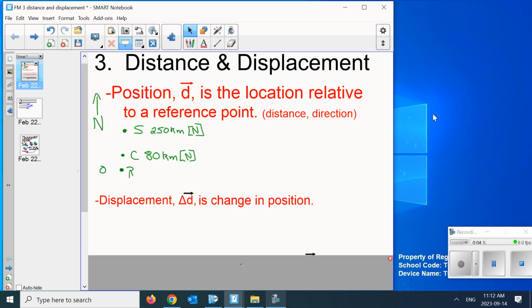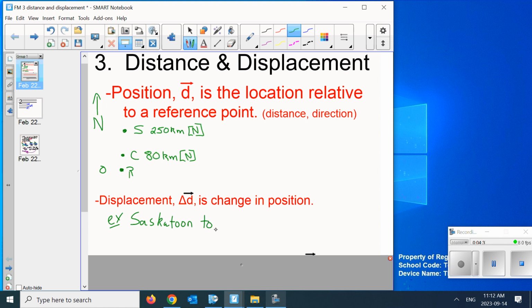Okay. Now, obviously, if you went from Regina to Saskatoon, your displacement is 250 kilometers north. That's easy. But let's just say you went from Saskatoon to Chamberlain.